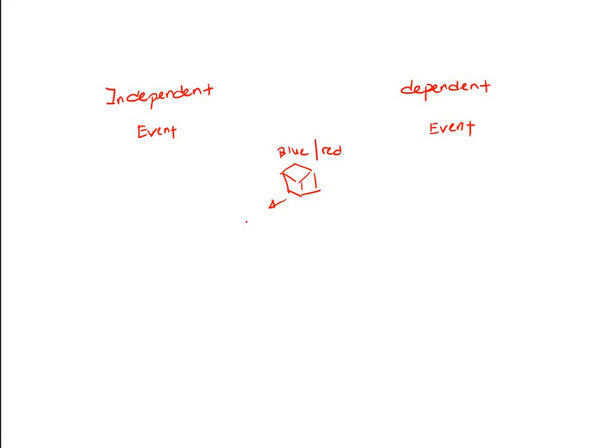For a dependent event, the first ball that is drawn out of the box is not replaced back into the box, so the probability will depend on the first ball that was drawn.